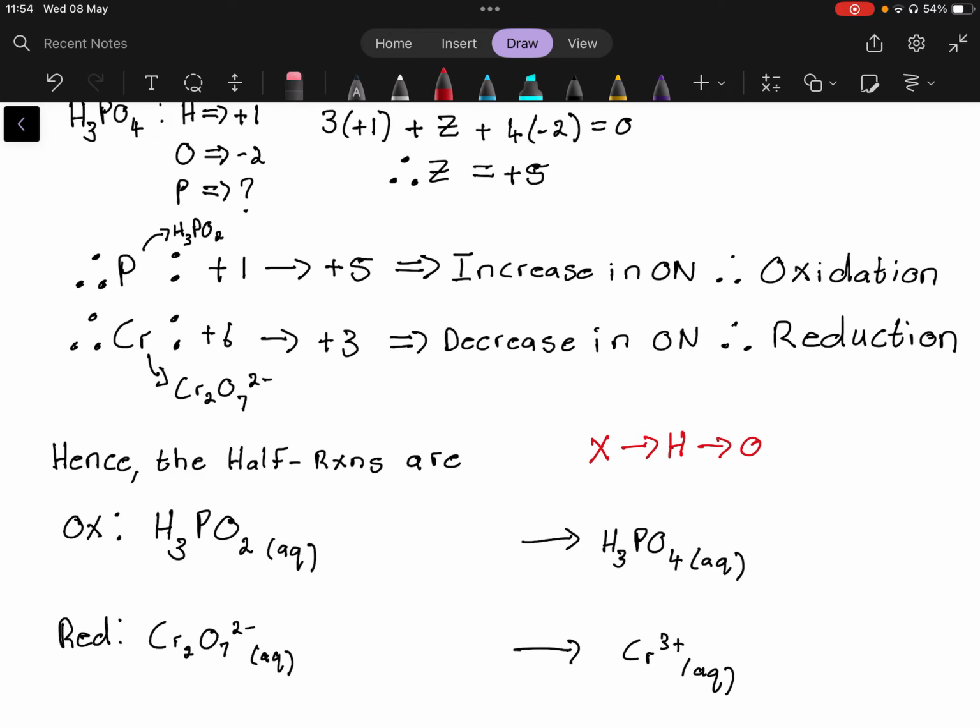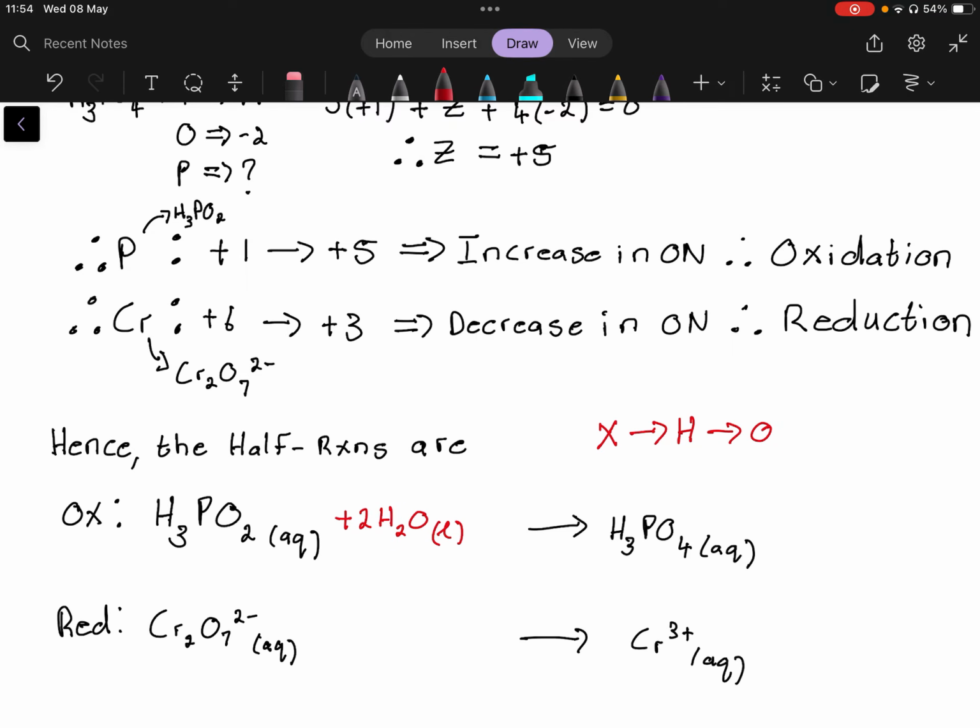So since we want oxygen, we need water. And water is, of course, a liquid. And how many oxygens do we want? We want 2 oxygens. We want to say 2 times 1 gives us 2 additional oxygens in this situation. So now the oxygens balance. But what have we introduced inherently by introducing water?